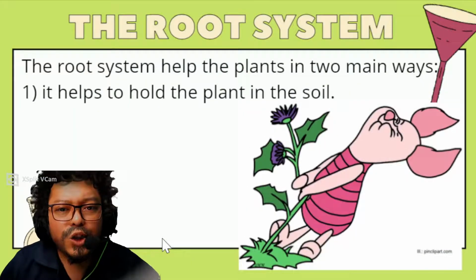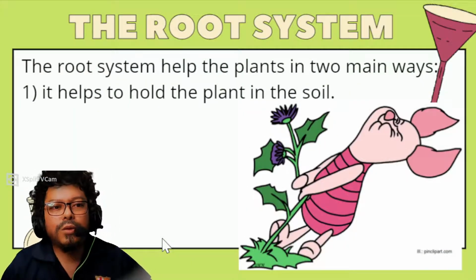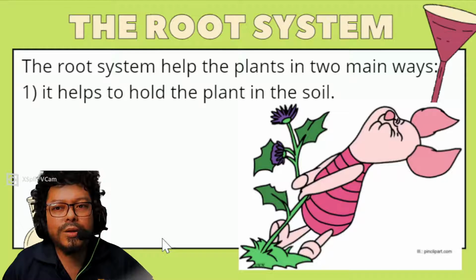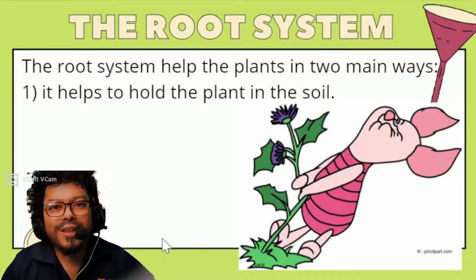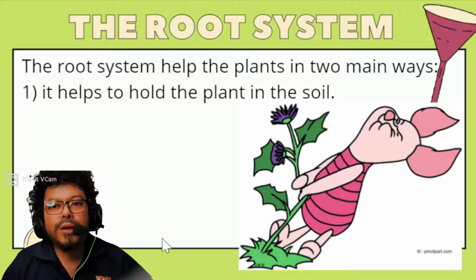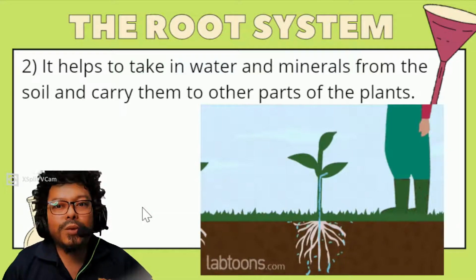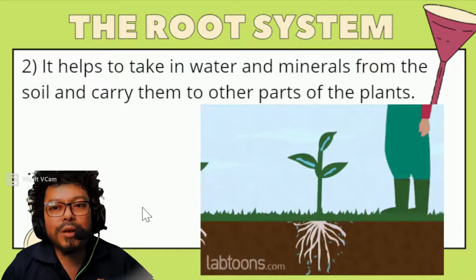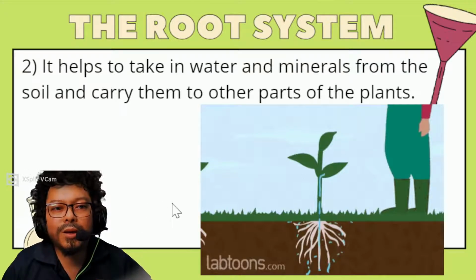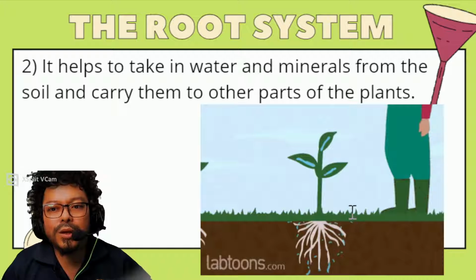What is the function of the root system? The root system helps the plants in two main ways. Number one, it helps to hold the plant in the soil. The second function is that it helps to take in water and minerals from the soil and carry them to other parts of the plant, like in the picture here.